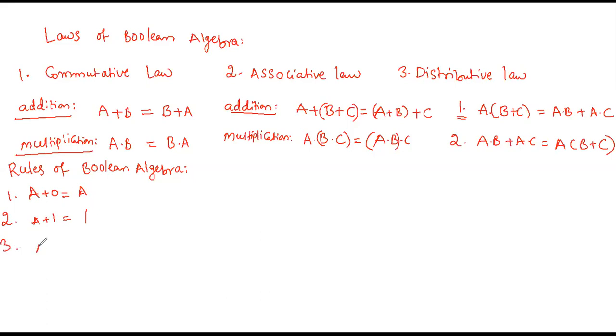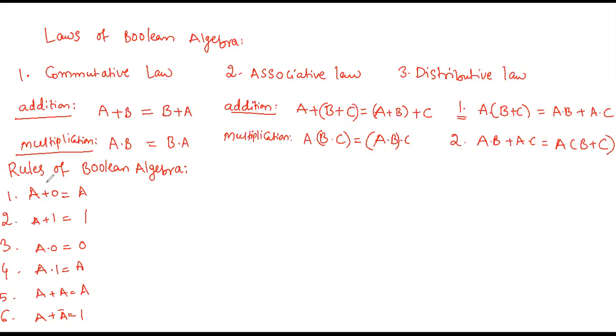Third one, A into 0 is equal to 0. A into 1 is equal to A. Fifth one, A plus A is equal to A. Sixth one, A plus A bar is equal to 1.